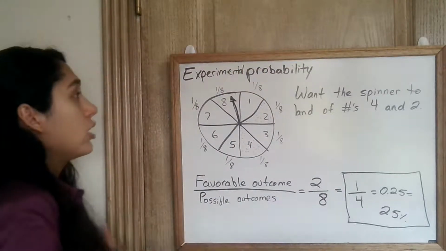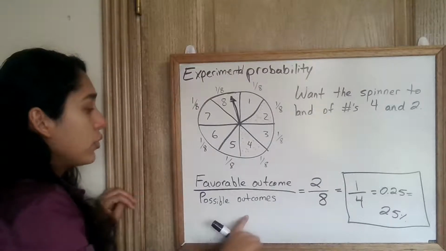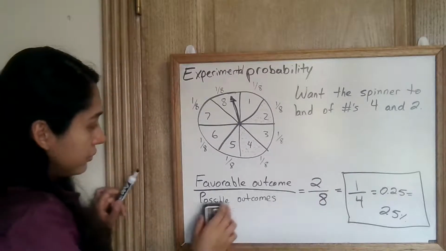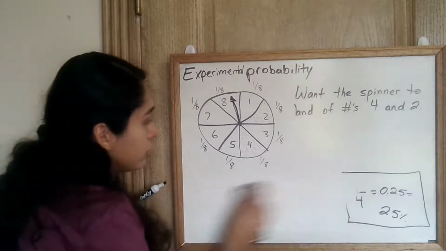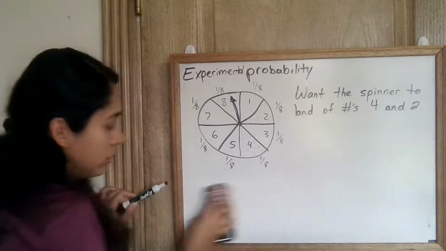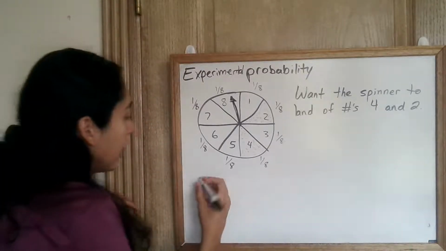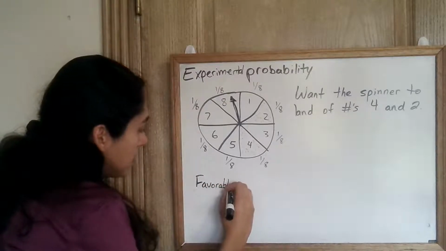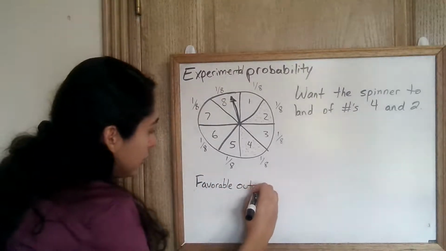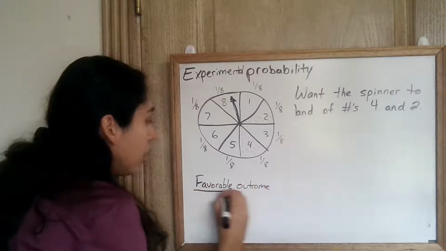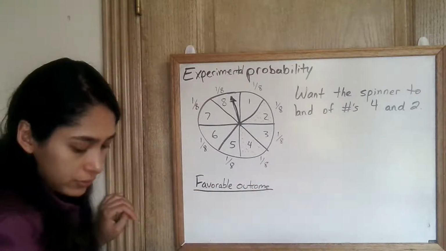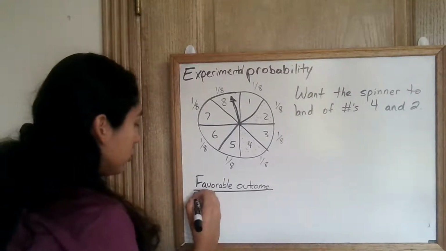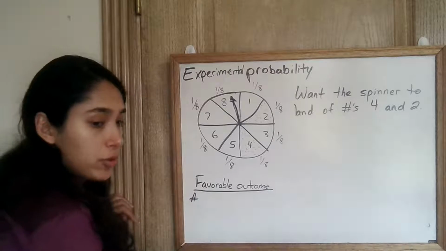So instead of possible outcomes, your formula will change to favorable outcomes, things that did happen that were in your favor, over the number of trials, or number of times you performed the experiment.